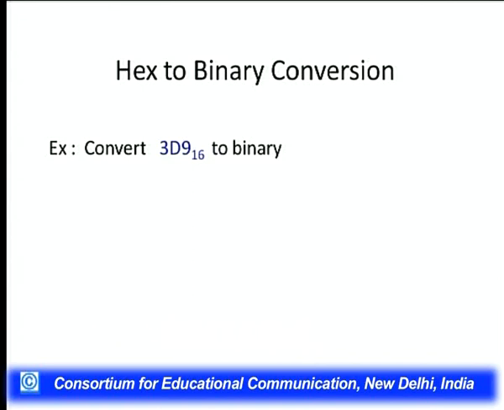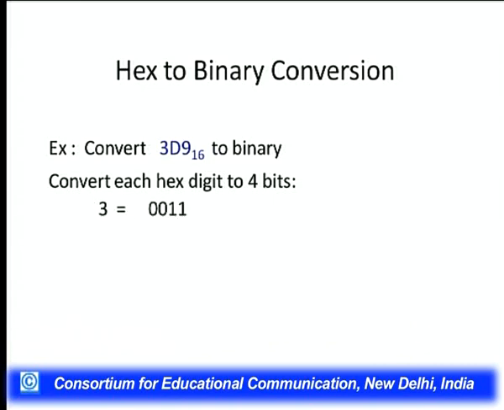For each of these digits we will find the binary equivalent. First we find the binary equivalent for the number 3. Number 3 is actually 11, but because we want it to be in 4 digits, as it is a hexadecimal conversion, we put 2 zeros. Then for D it is 1101. So this number 1101 stands for D, and then you have the number 9. 1001 is the binary equivalent for the number 9.